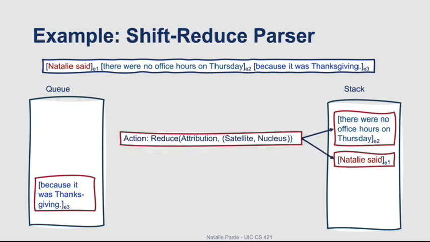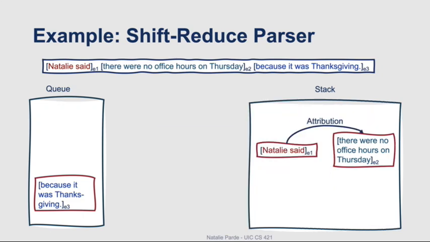We choose to perform a reduce and specifically assign an attribution label to the relation between our two EDUs. We'll assign the EDU at the top of the stack as the nucleus and the EDU below it as the satellite. This, as you can see, reduced our two single-node subtrees into a single, more complex subtree. Now, we have one subtree on the stack and one remaining in the queue.